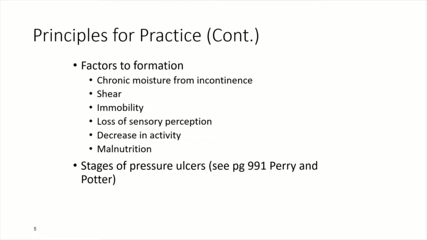Shear can damage the skin in one of two ways. Shear stress is defined as the force per unit exerted parallel to the plane of interest, and shear strain is defined as distortion or deformation of tissue as a result of shear stress.